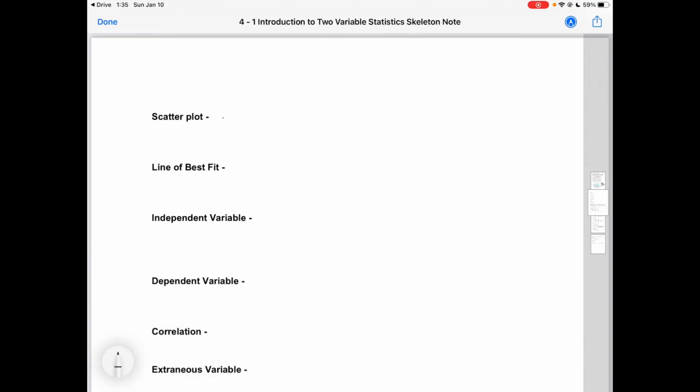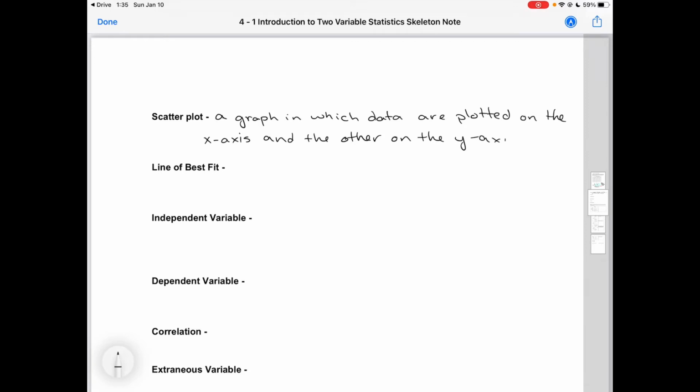The first one is a scatter plot, which is a graph in which data are plotted on the x-axis and the other on the y-axis. Each point represents a pair of values.